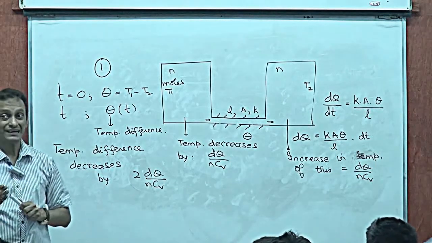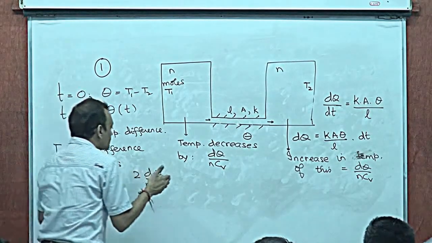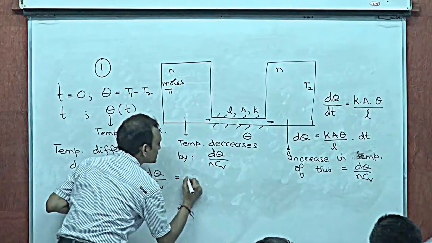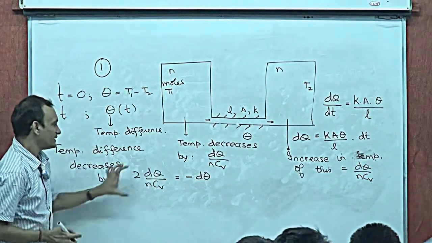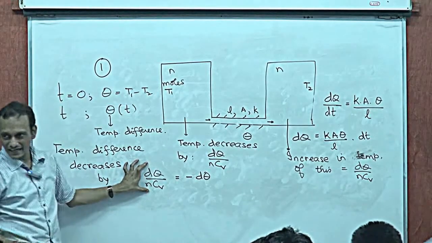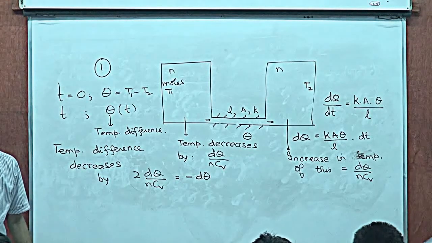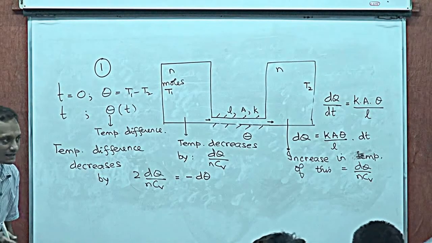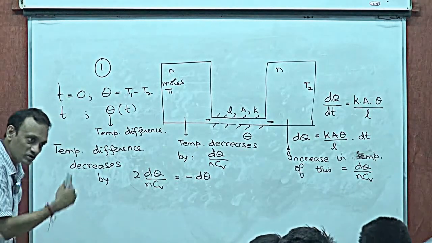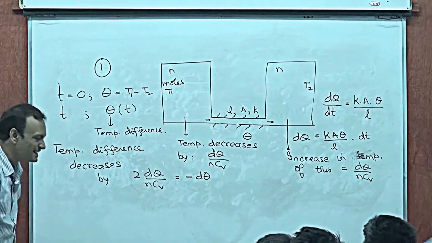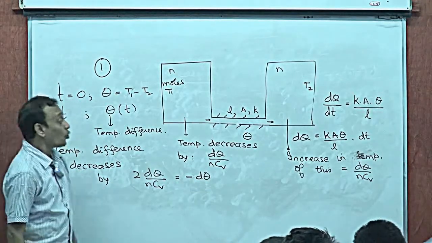Theta is decreasing with time. So do you realize that this is actually minus d theta? The decrease in temperature difference would be minus d theta. D theta will be negative because theta is decreasing with time. What are we seeking to find?